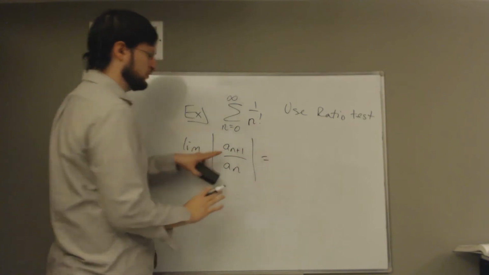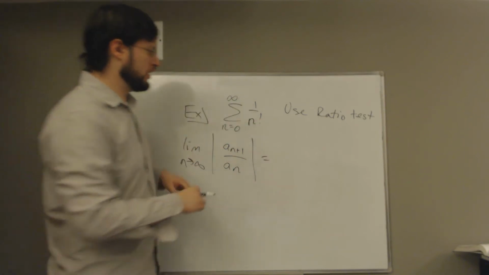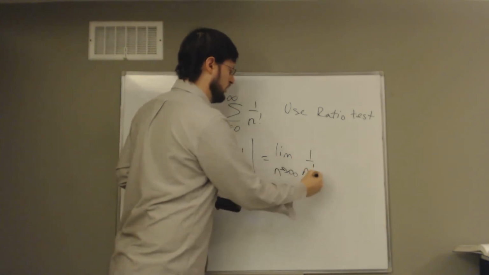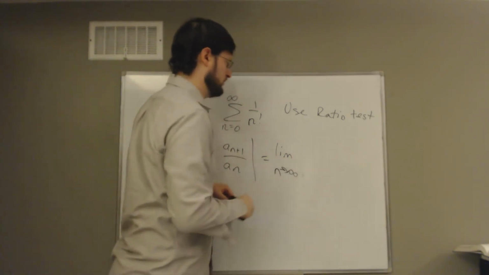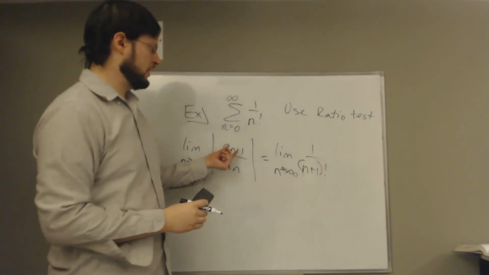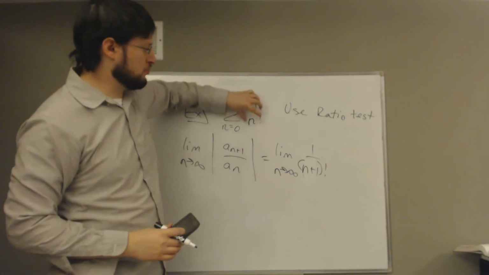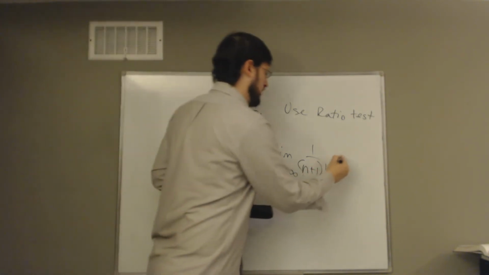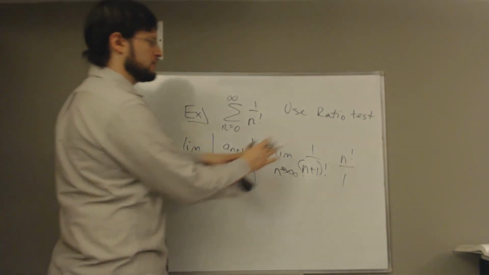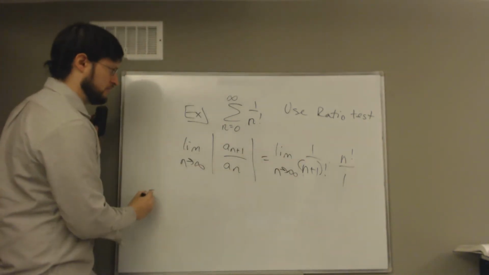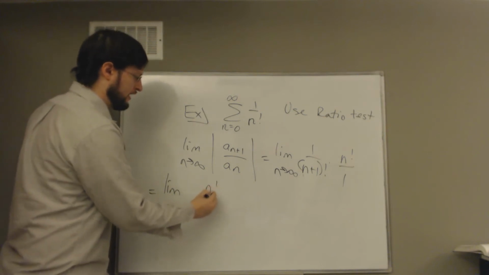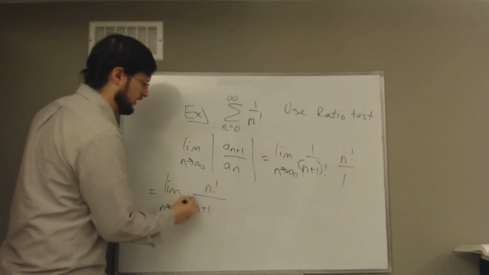I'm going to start skipping a few steps here. a_(n+1) is 1 over (n+1) factorial, plugging n plus 1 in for n. If I divide by a_n, that's multiplying by the reciprocal, so that's n factorial over 1. The absolute values are gone because everything is positive. So that's the limit as n goes to infinity of n factorial over (n+1) factorial.